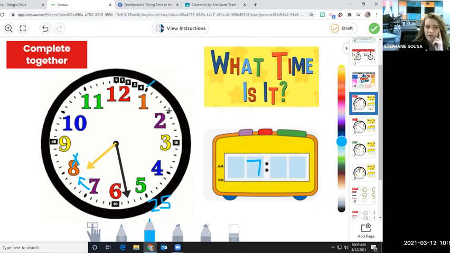So we got 5, 10, 15, 20, 25, 26, 27, 28. Right here, it is 7:28. That is the time that you should record on the digital clock face. 7:28. Any questions on how we found that minute?